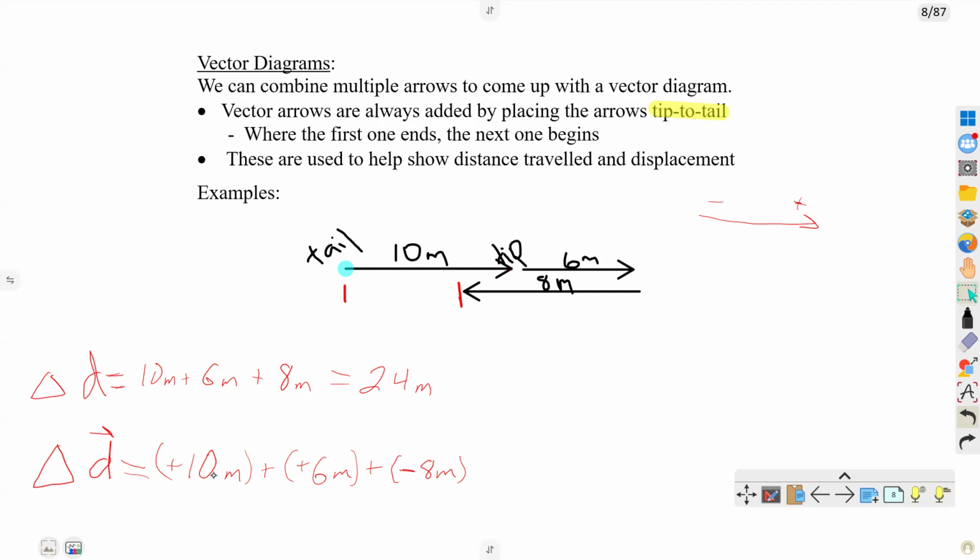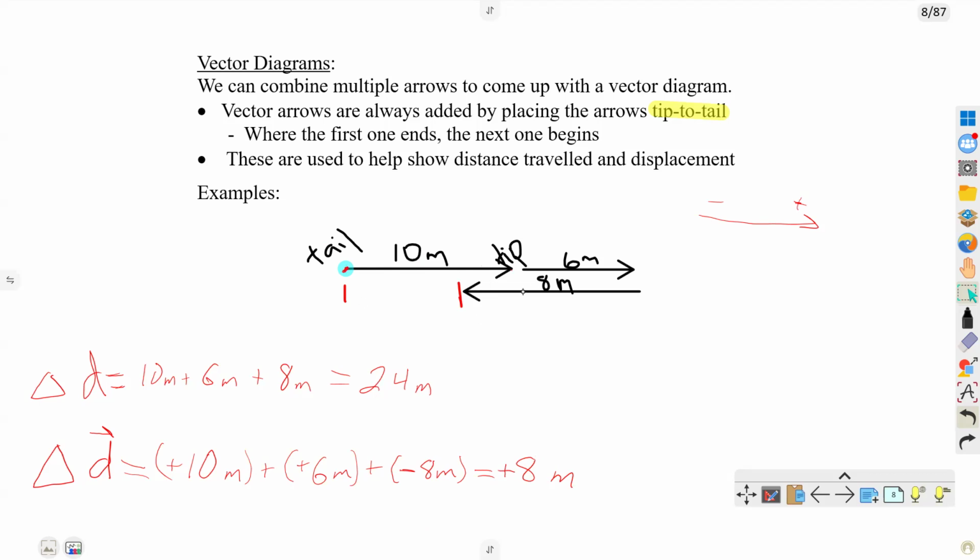So we move 10 meters, move another 6 meters, that's a total of 16, move 8 meters back the other direction, and that will put us at 8 meters. However, don't forget, we need to use the plus sign to show that the displacement is going to be 8 meters from our starting point, which is right here.